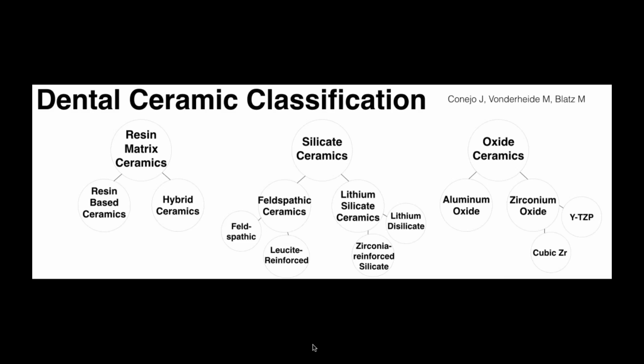Then in the middle, we have the silicate ceramic group, which comes from the most traditional materials like feldspathic ceramic, which is one of my favorites. And then as the lithium silicate ceramics have started to grow and evolve, we have always new players in this group and team. And then on the right side, what I call the heavyweights, the oxides, mainly the zirconium oxide that we use nowadays.